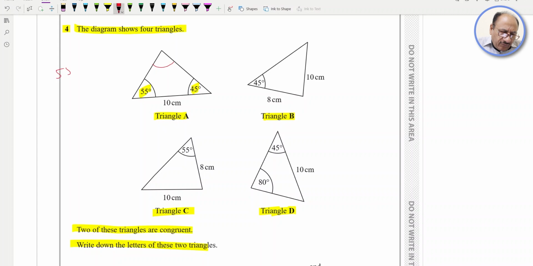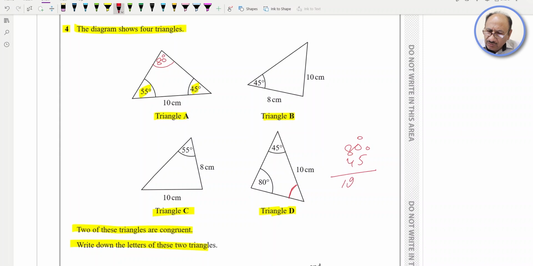So 55 plus 45 will be 100. So this angle will be 80. 180 minus 100 will be equal to 80 degrees. This is how we can figure out this is 80 degrees. Now after this we can figure out this angle as well, which is 80 plus 45 degrees, and we will subtract from 180.